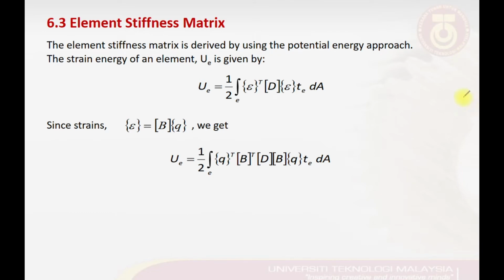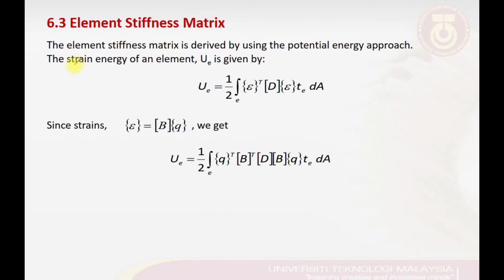In this subtopic 6.3, we will look at how we can derive the element stiffness matrix for the CST element. The element stiffness matrix is again derived from the potential energy approach, which will be discussed in these lectures.